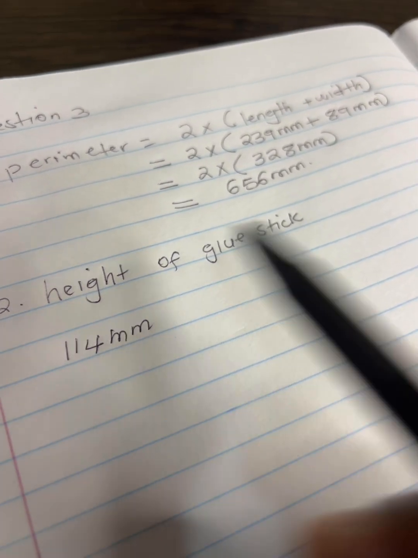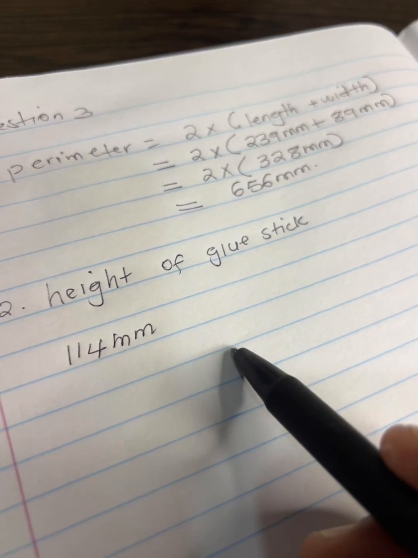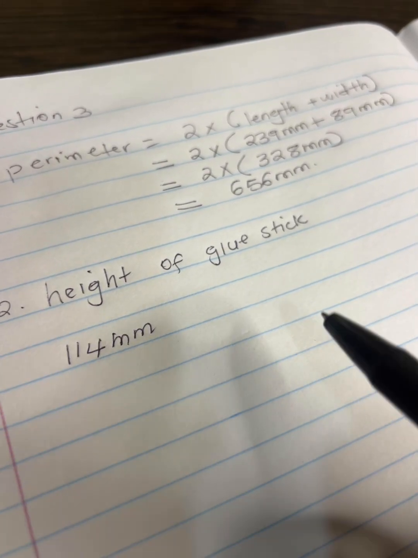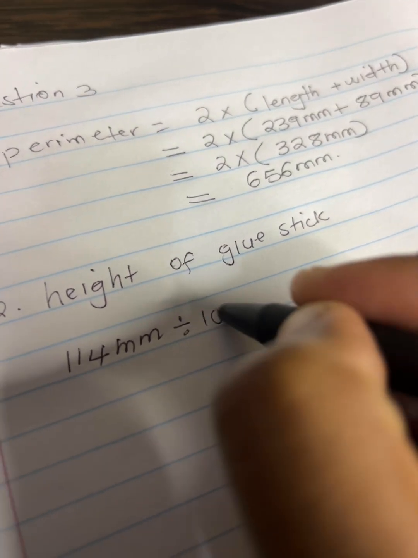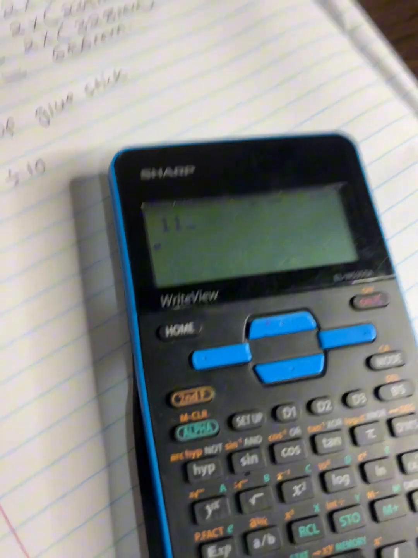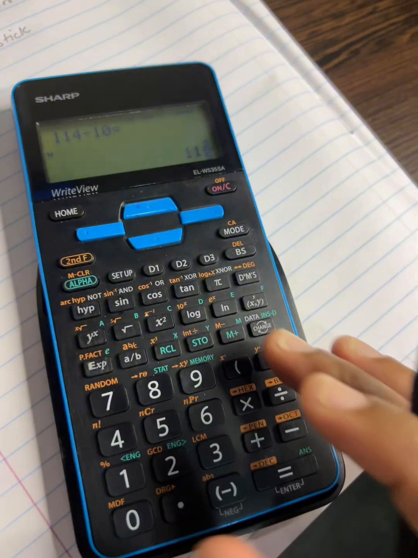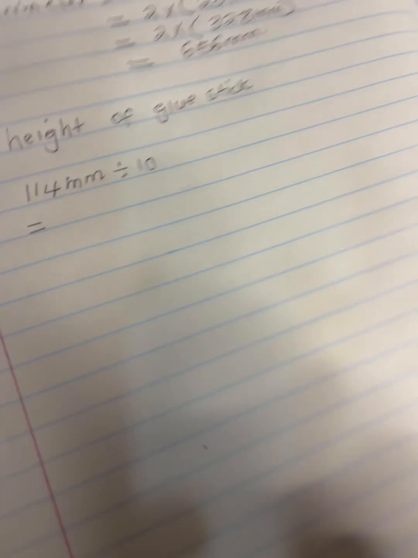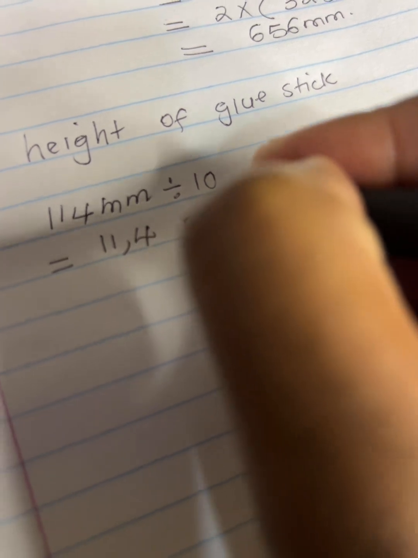When we go to the bigger units, we have to divide. So from millimeter to centimeter, we divide by 10. So we're going to divide this by 10, 114 divided by 10, and then the answer will be 11,4. It's no longer millimeter now, it's centimeter.